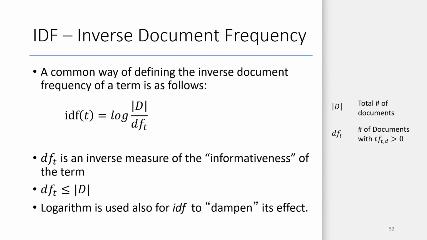And the way we get this weighting for rare terms is the inverse document frequency. A common way of defining it is as follows. We again use a log dampening effect, and we divide the total number of documents by the number of documents that contain the term at least once.